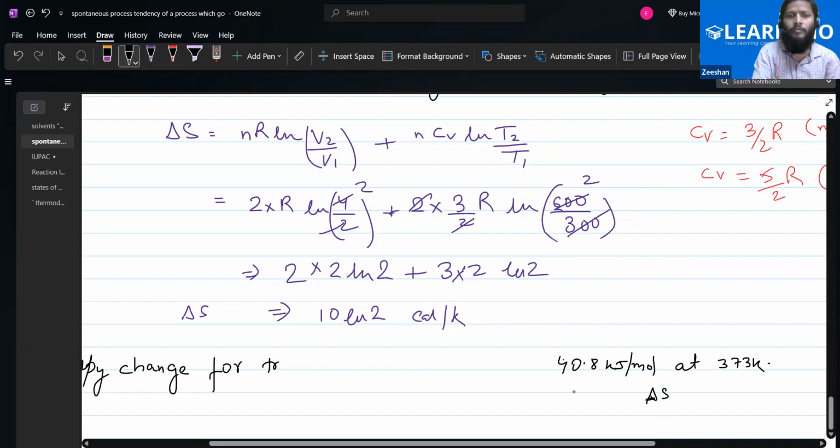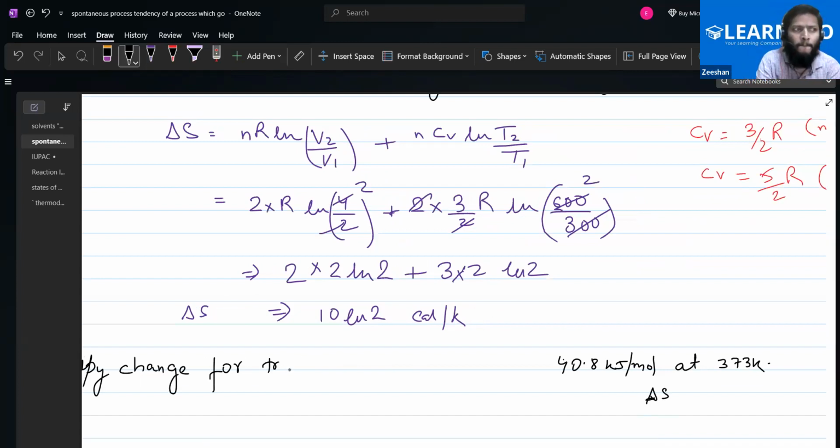Have you written down the question? Yes. Try to solve this. You have to use the above formula. Which formula? Just think by yourself.